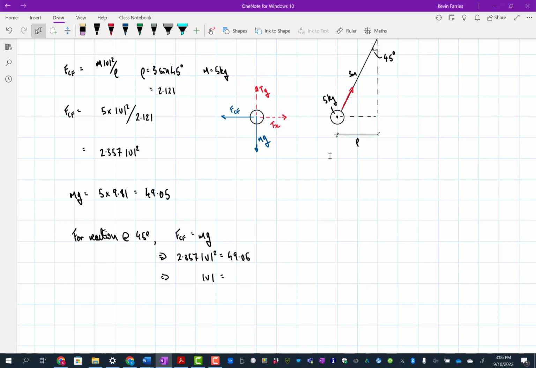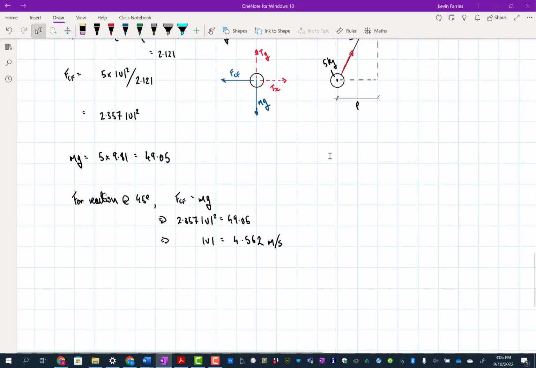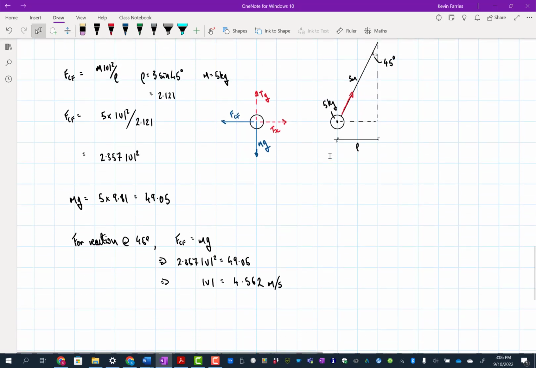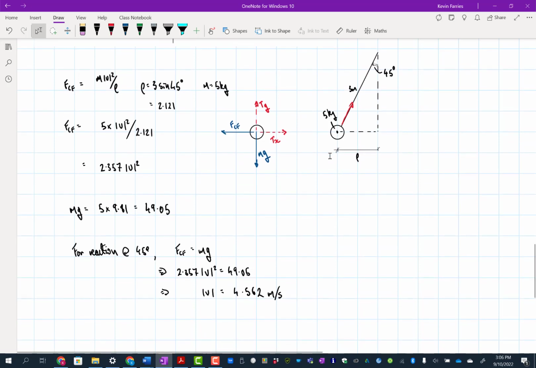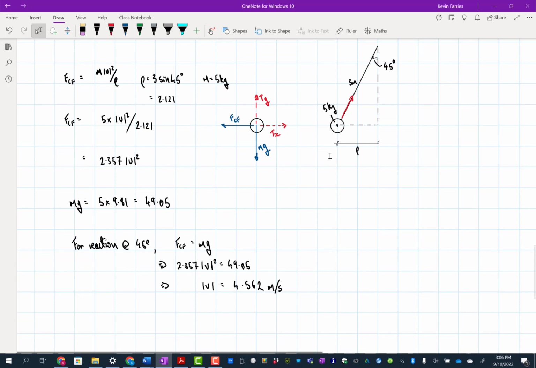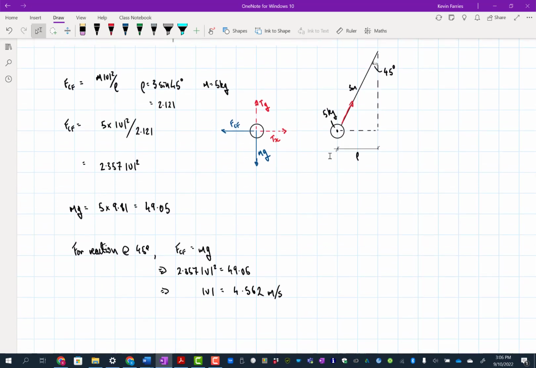It's 4.562 meters per second. So it's a speed, sorry, I think I've been saying velocity when it is speed. So that is the magnitude of the velocity at that instant.